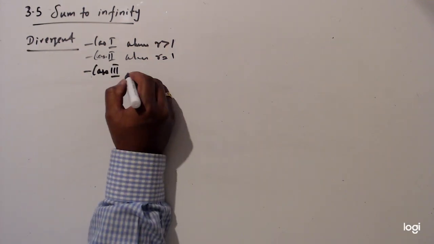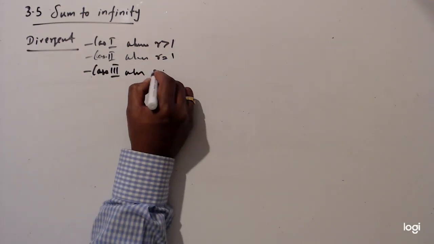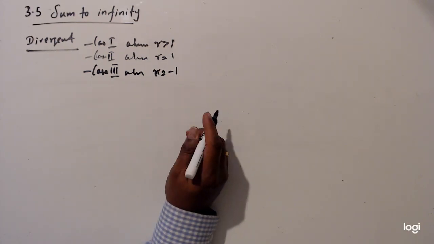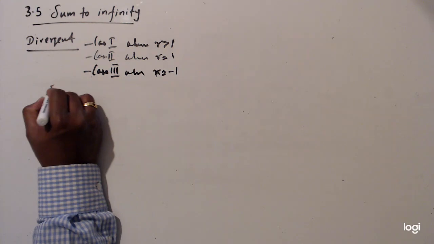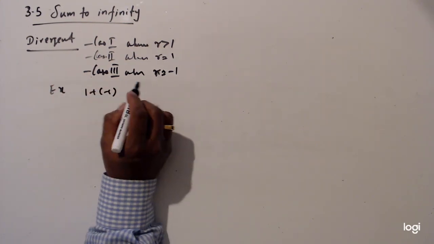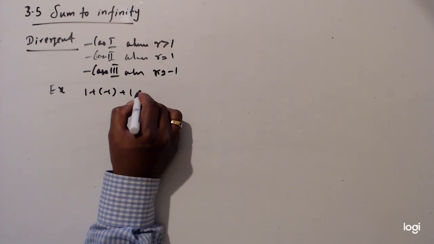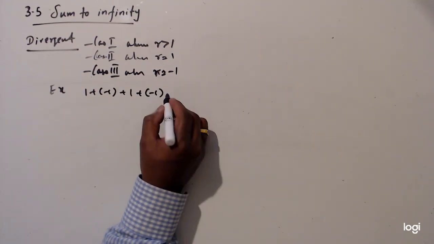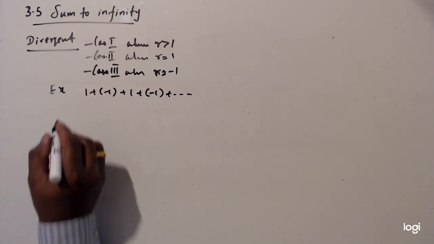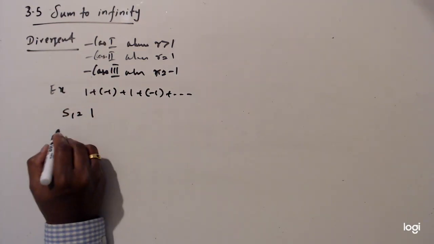Case 3, when r value is negative 1. Example: 1 plus minus 1 plus 1 plus minus 1 plus dot dot. S1 is 1.